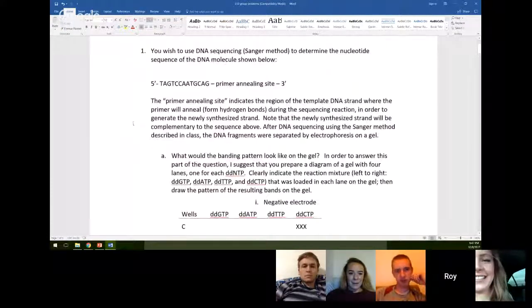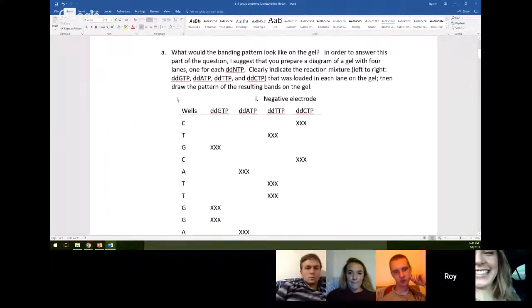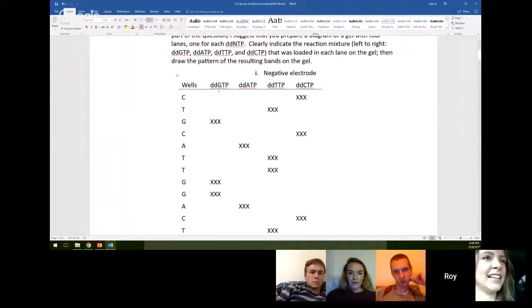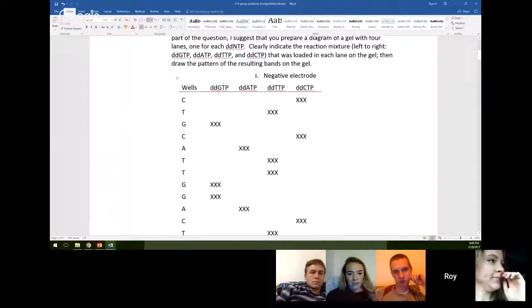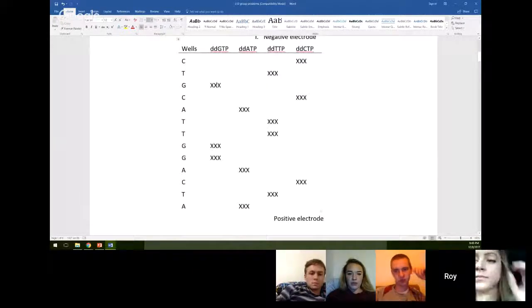I think so. I think you're synthesizing the DNA inside of a test tube. You're adding your ddGTP, which is going to stop your DNA, so it's going to make the sequence shorter. Yeah.